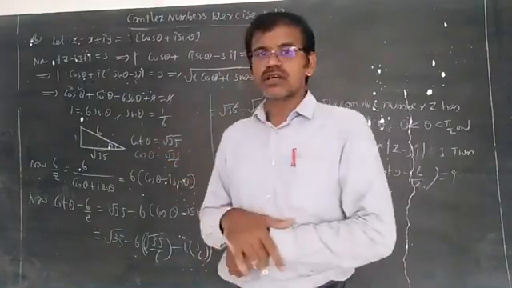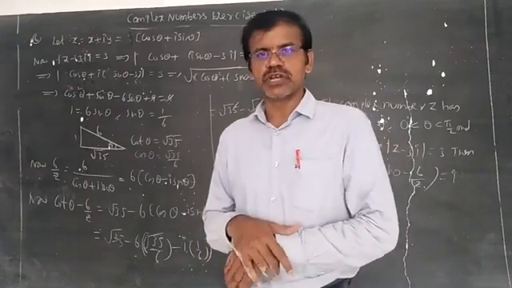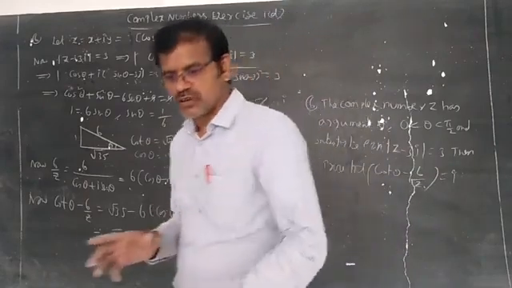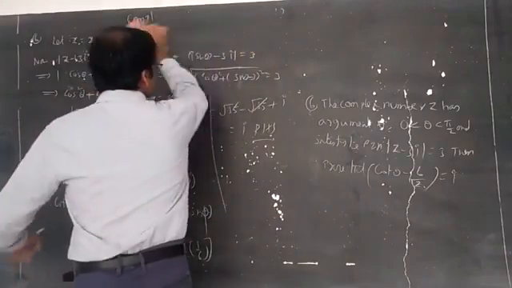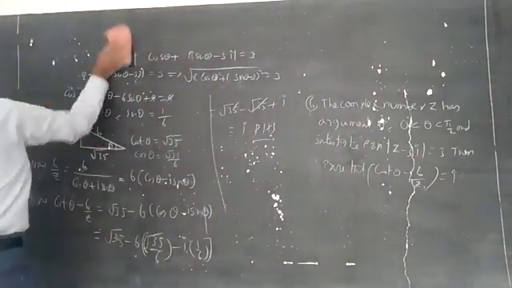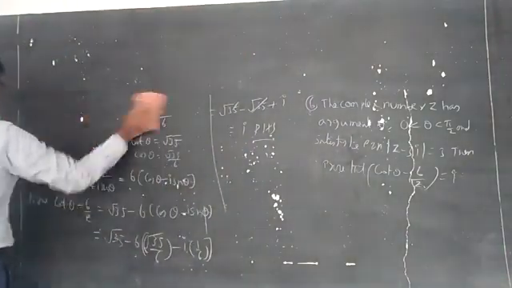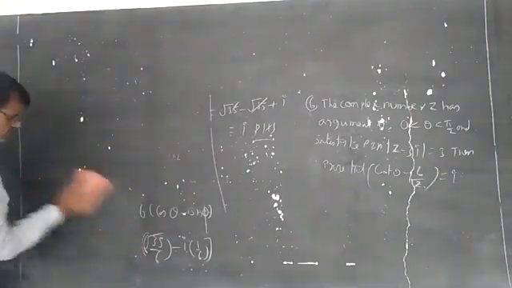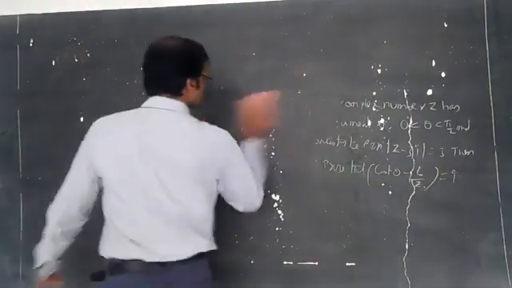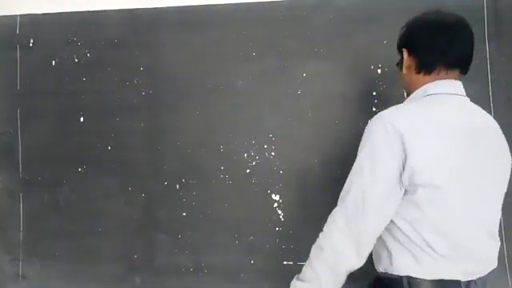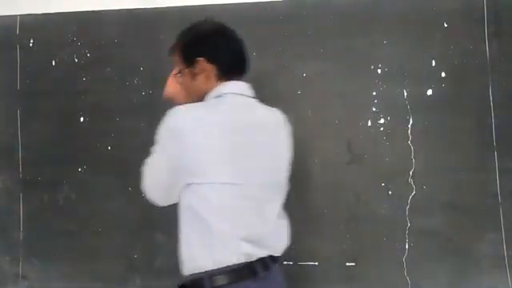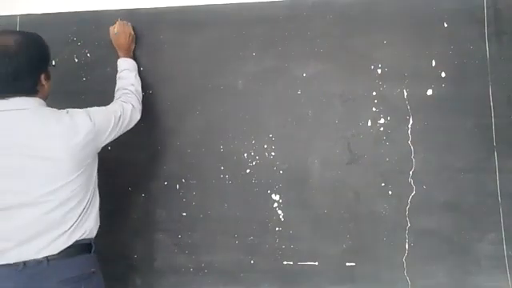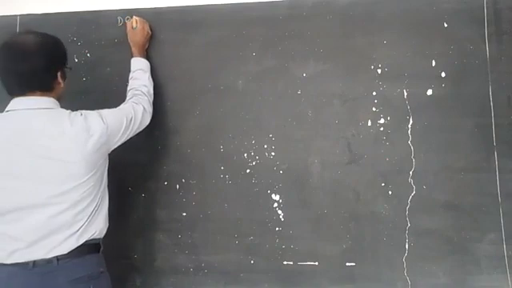So let us start the next chapter in Mathematics 2A, De Moivre's theorem, now only. We are entering into the next chapter, De Moivre's theorem. It is the name of the mathematician.